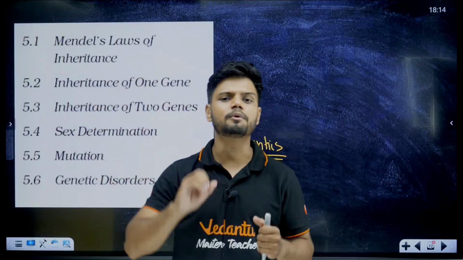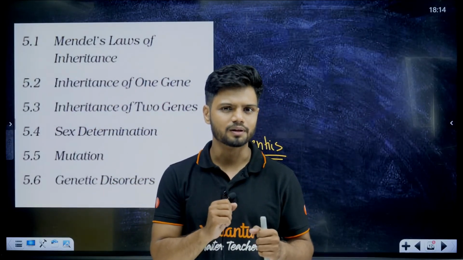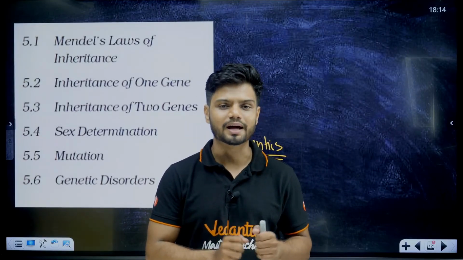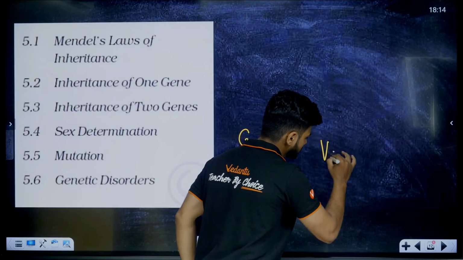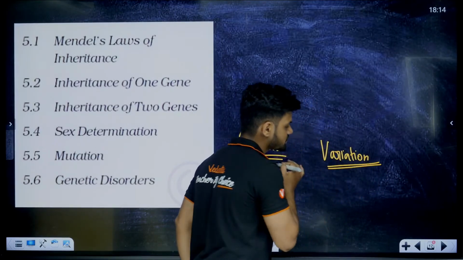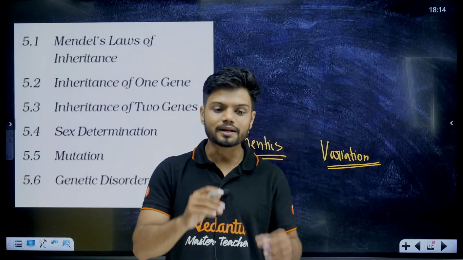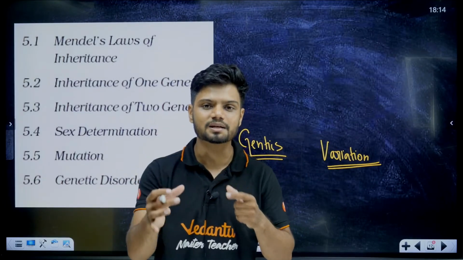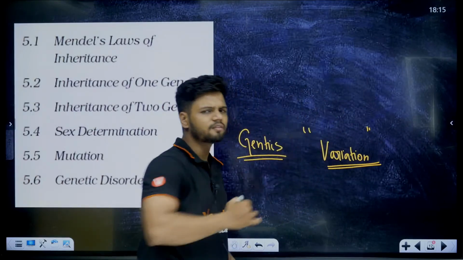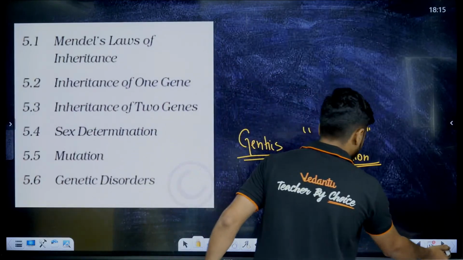An exact copy cannot be formed. There are small changes, and these are called variations. So in sexually reproducing organisms, variations are always happening. Clear, all of you?